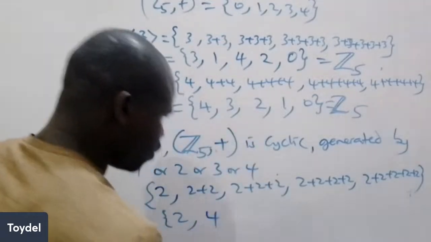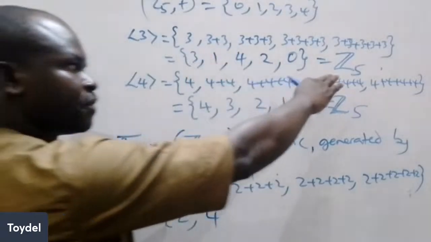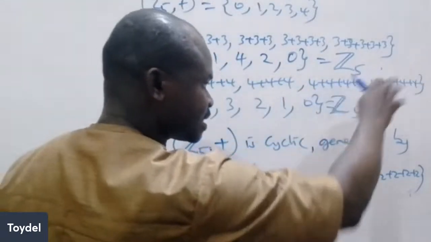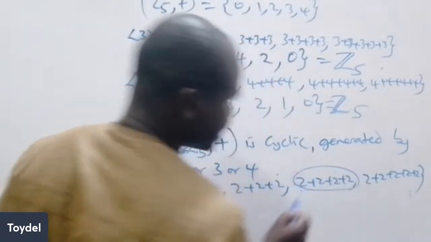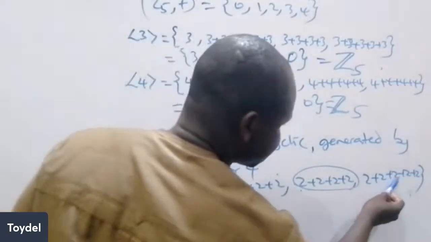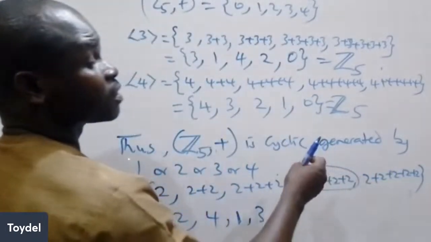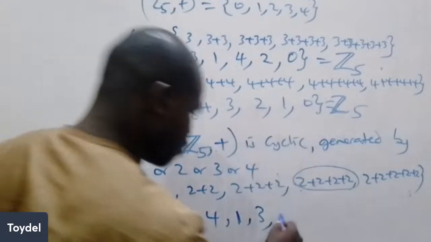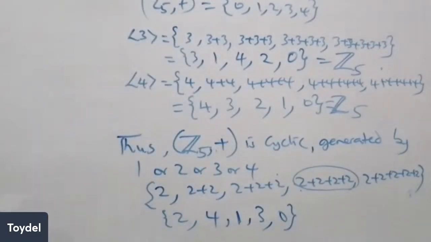The second one will be 4. But when you have 2 in 3 places, that's 6. We are under Z5, so for 6, you just write the remainder, which is 1. When we have this now, this is 8. 8 and 5, what's the difference? 3. You write the remainder. Then when it is 10, 5 will divide 10 two times with remainder 0. This is how we generate it.